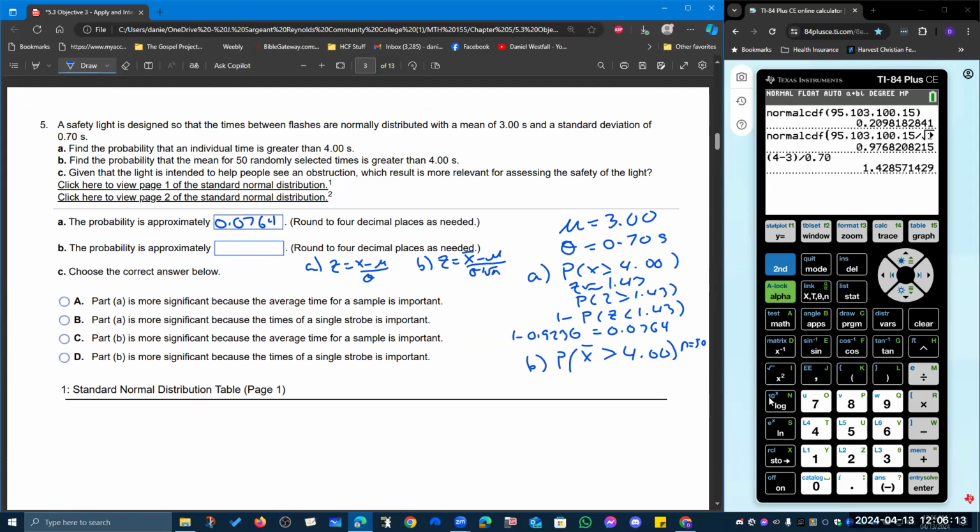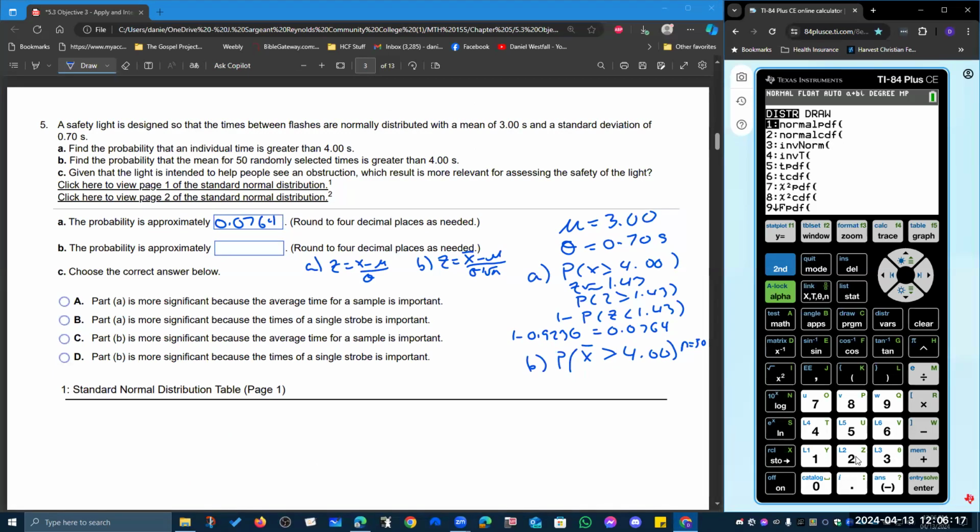So let me show you how to get the answer that they got using technology. We'll come in here, second distribution, normal CDF, and my lower bound is going to be 4.00. My upper bound is going to be positive infinity. My mean is 3.00, and my standard deviation is 0.70.